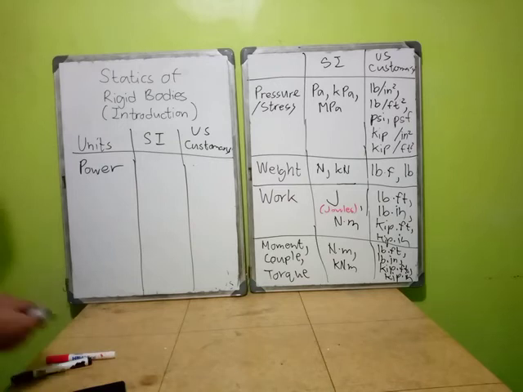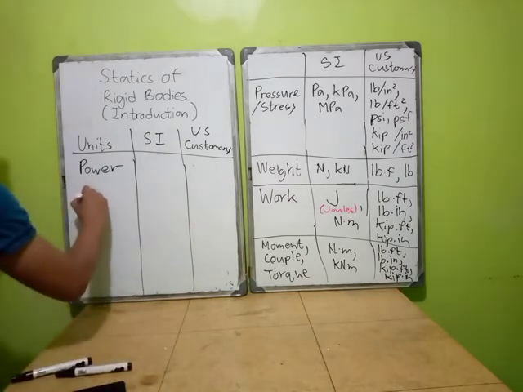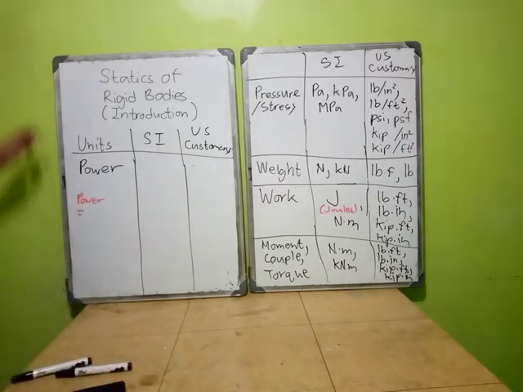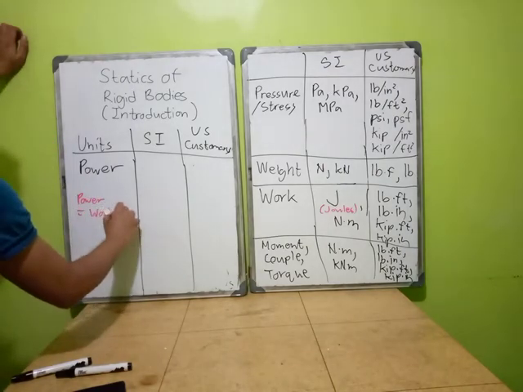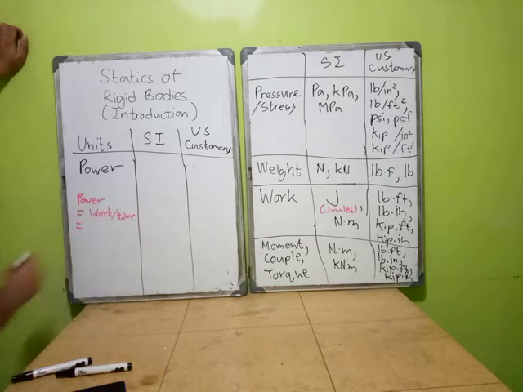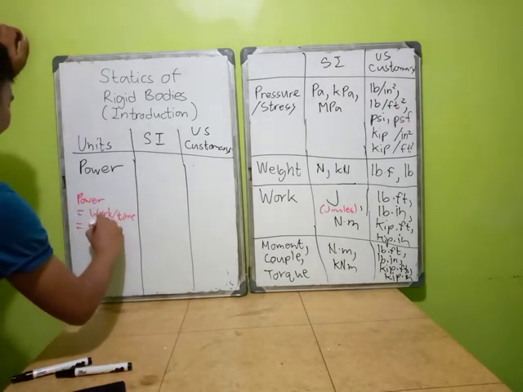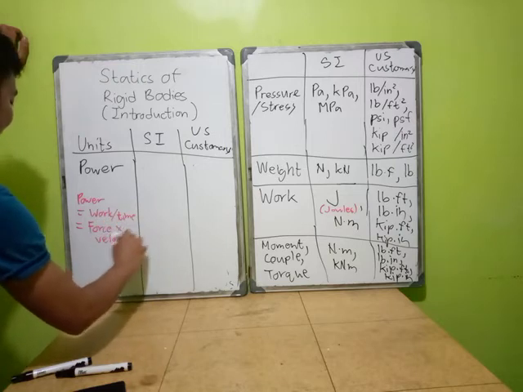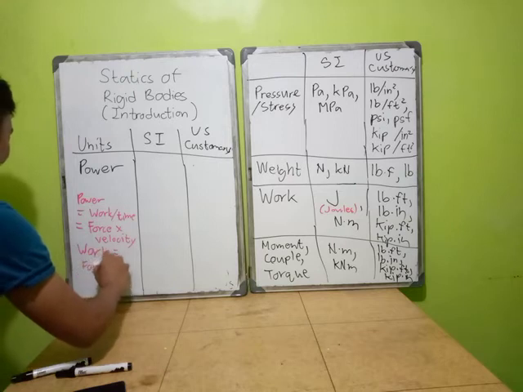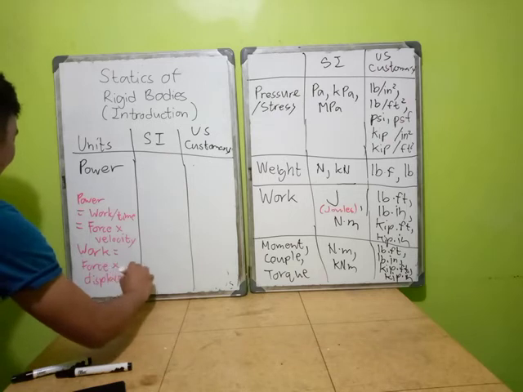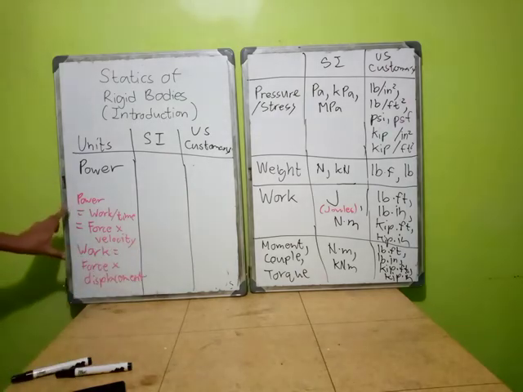Your power is equivalent to work over time, which is equivalent to force times velocity. Okay? And in turn, your work is equivalent to force times displacement. Okay? Lagi niyo yung tandaan. So, this is just a review.